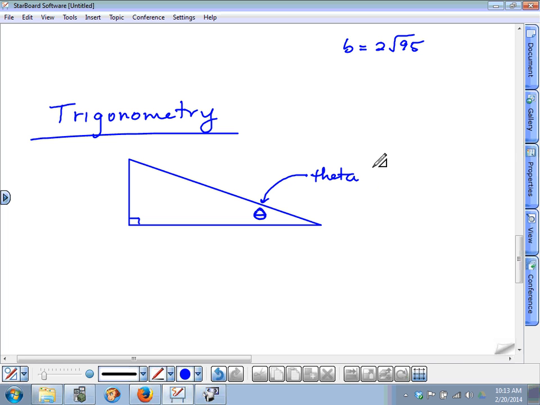All that means, theta is a variable for an unknown angle. We don't know what the measure of the angle is. Since we don't know it, we call it theta. Theta is just a variable like x and y, but instead of using x and y, they use Greek letters. Theta, sometimes they use alpha and beta.